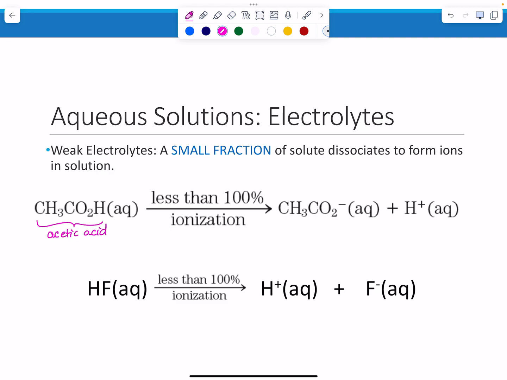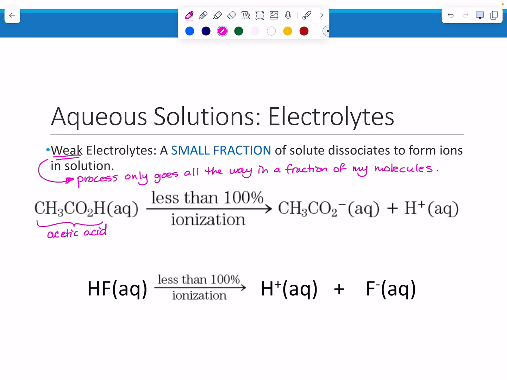And when we say something is weak, it means the process only goes all the way in a fraction of my molecules. So the thing that we need to clarify is there's a difference between dissolving and being an electrolyte.